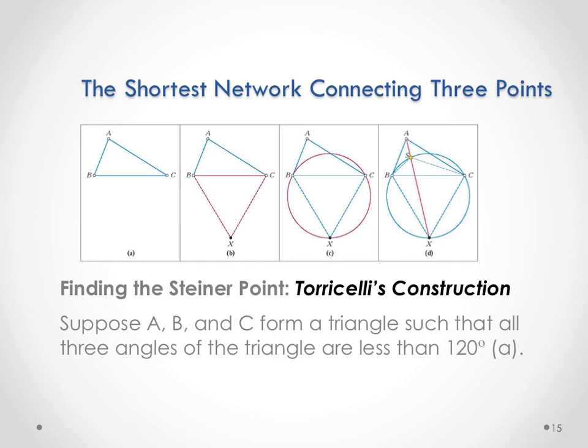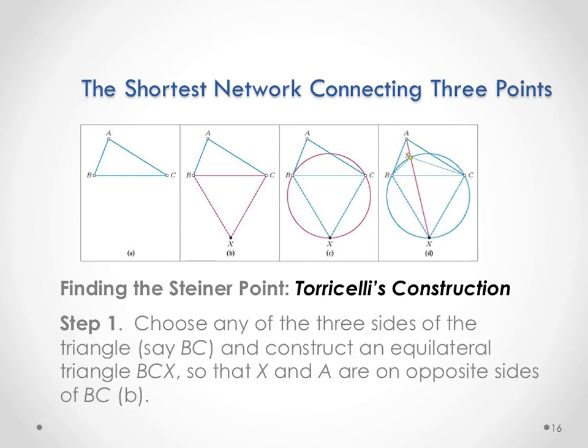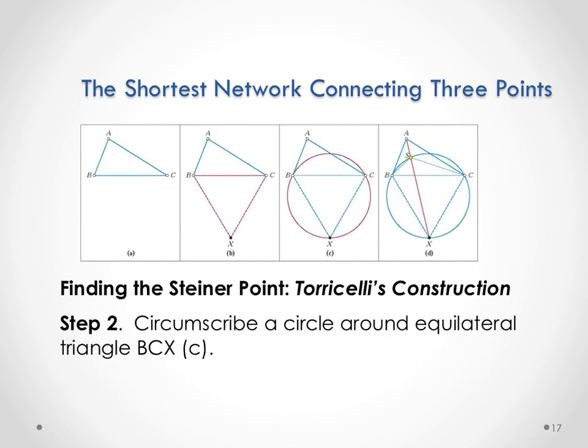If you go ahead and drop an equilateral triangle from any of the three sides, so we're looking at figure B here, once we do that, we know that we can create a circle that circumscribes it.